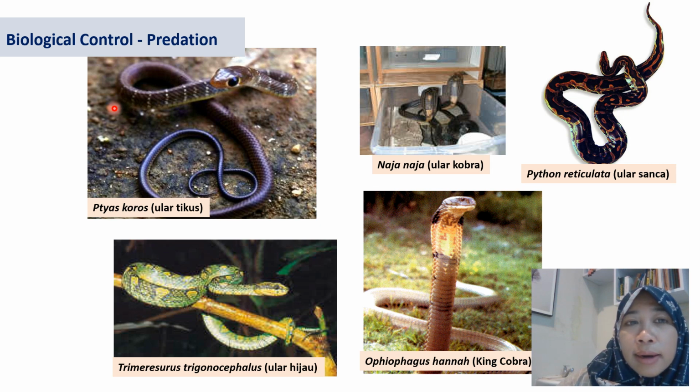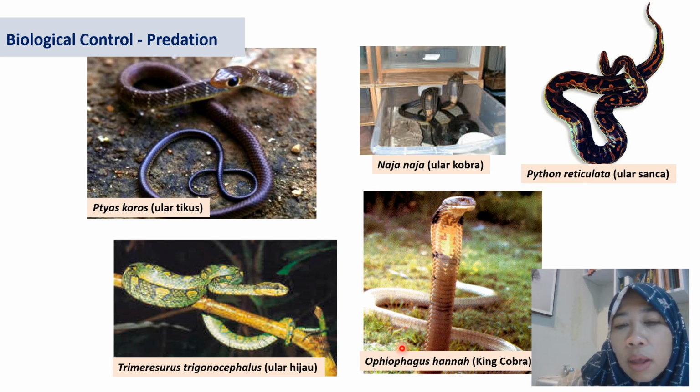The other biological control that we can use is snake, but it's not applicable to use in the field because it's too dangerous for farmers. So it's not socially acceptable if we use snakes as the biological agent of rats. This is Pitaccora, senaja, ular cobra, Python reticulatus, too dangerous.